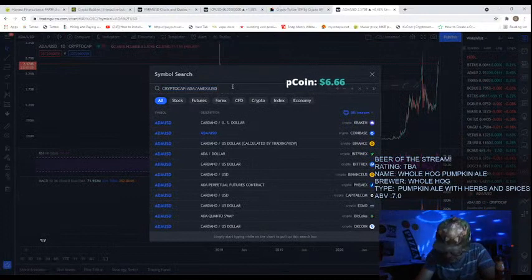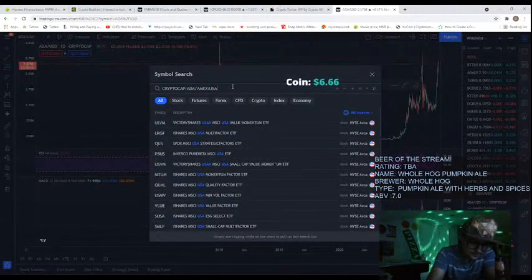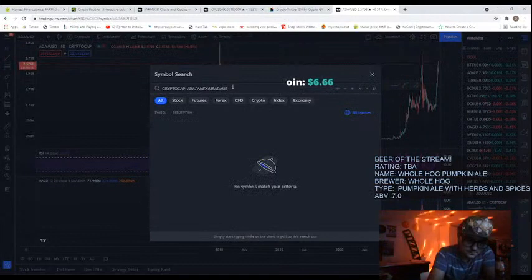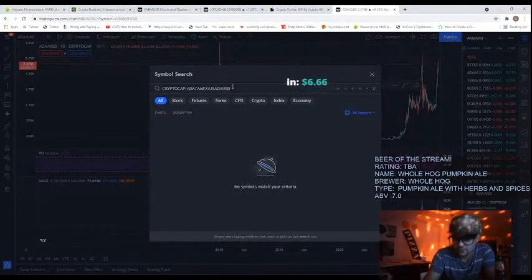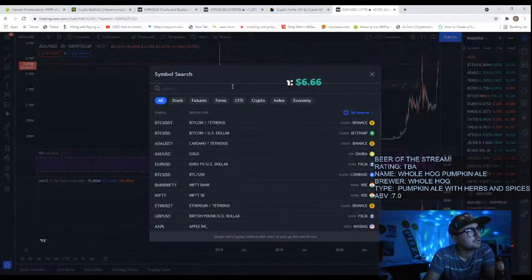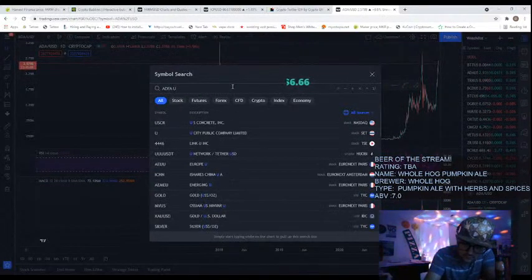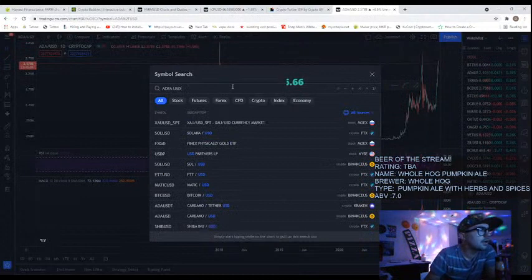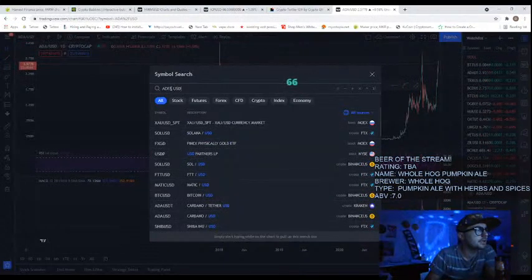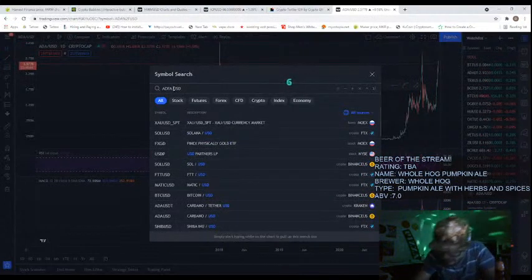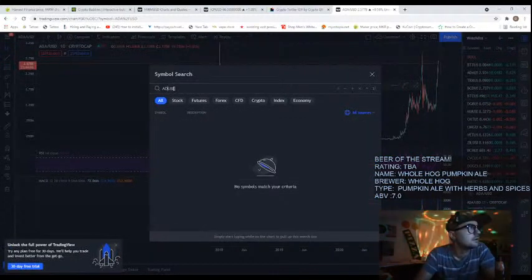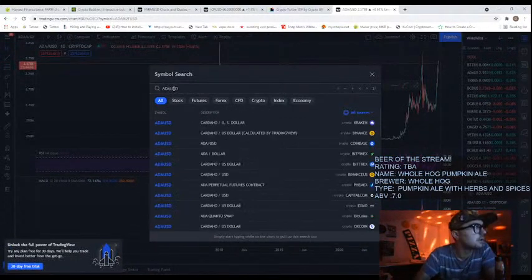When you have ADA USD, you have to look at which exchange you're purchasing it on. There.